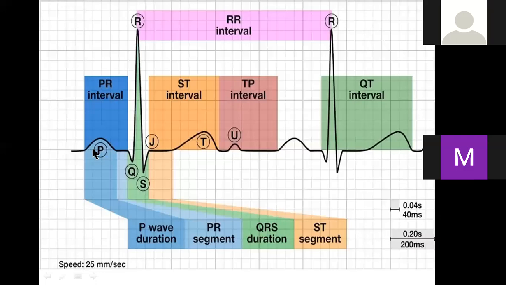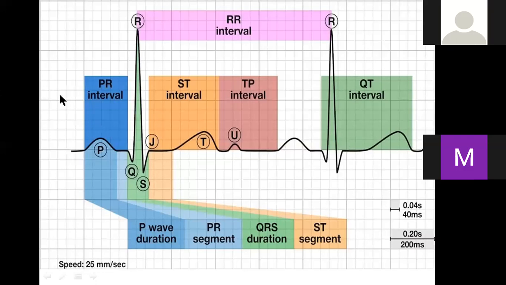If I say that this P wave is two small boxes wide, so this is 0.08 seconds or 80 milliseconds wide, or you can say two small boxes wide. And the PR interval, you can say that it is four small boxes wide.